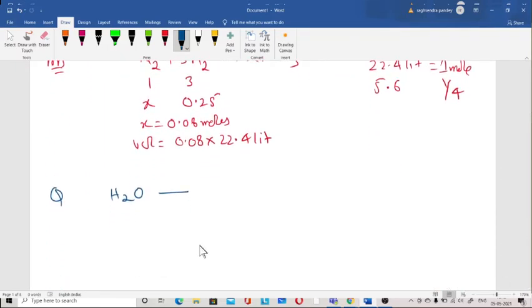Okay, so H2O on electrolysis produces H2 plus half O2.